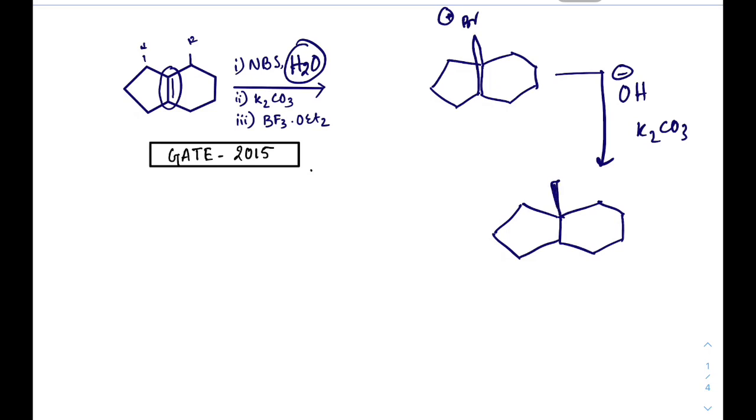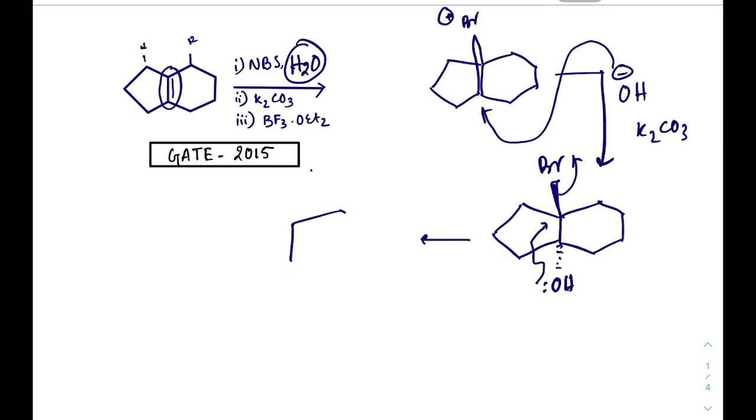This will be Br upside and one OH will be downside because this attacks from the bottom. Now this oxygen lone pair attacks from the bottom and kicks out the bromide and gives this type of epoxide from the bottom face.